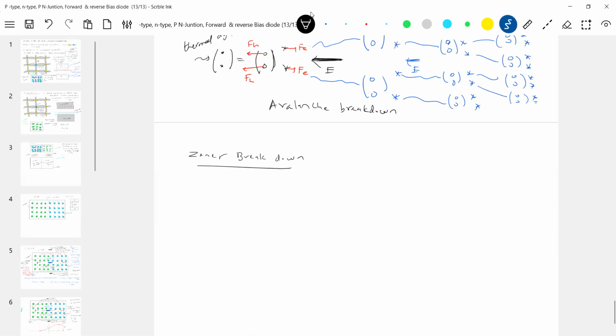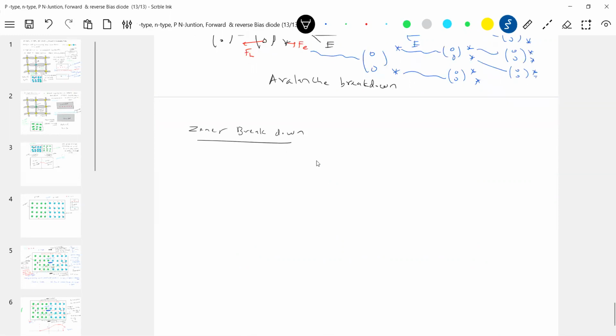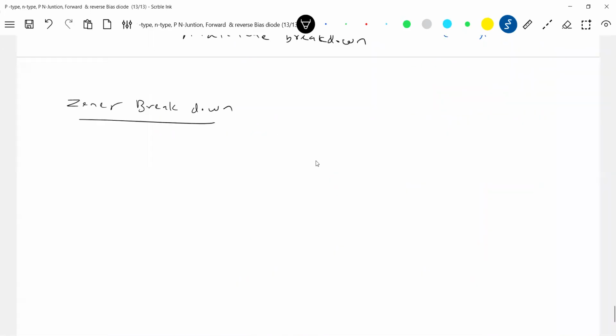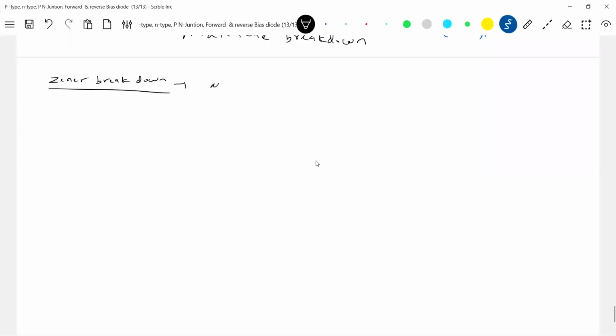Zener breakdown. In Zener breakdown, what happens is, as we increase the reverse bias, I think I can write a small explanation. It'll be easier for you. First thing, as the reverse bias increases, the width of the depletion layer X increases.